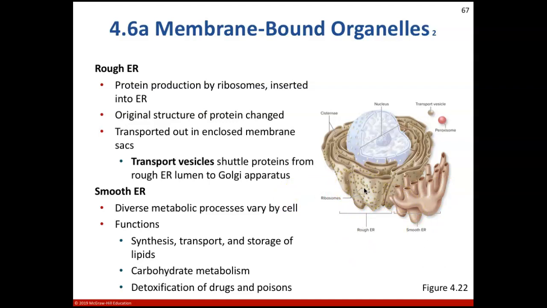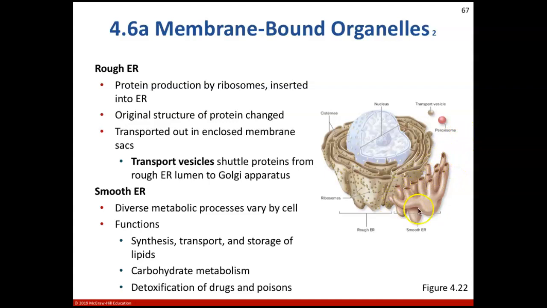The original structure of a protein is going to be changed here and then transported out in the enclosed membrane sacs. So that's what we see here, where the transport vesicle can be found. It shuttles proteins from the rough ER to the Golgi apparatus that we'll talk about in just a moment.